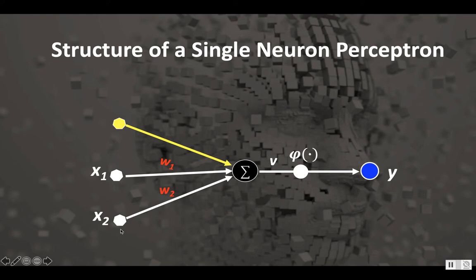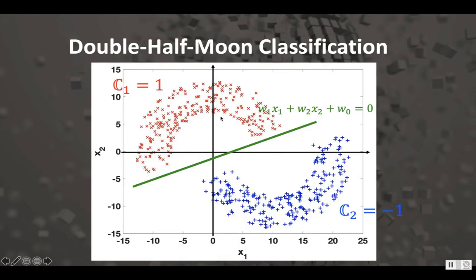It has two inputs x1 and x2 and one output y. Going back to the previous slide, for any input star, if we know their x1 and x2, their coordinates, we can tell whether it belongs to 1 or -1. And the goal is to figure out whether we can find such w1, w2, and w0.